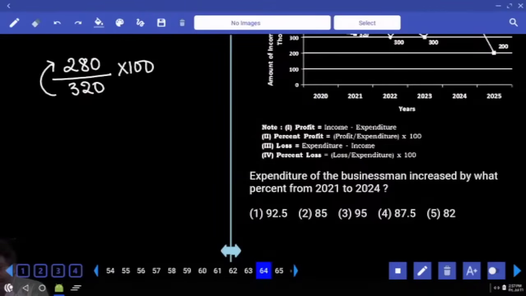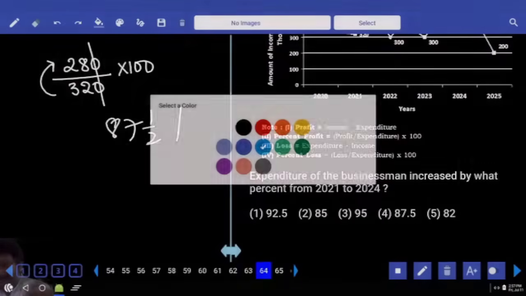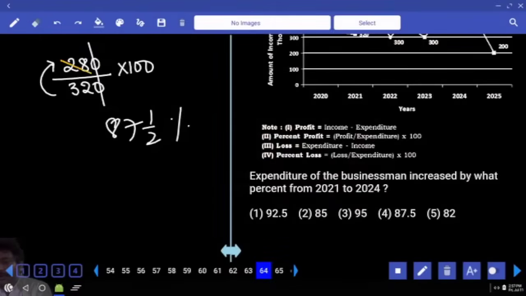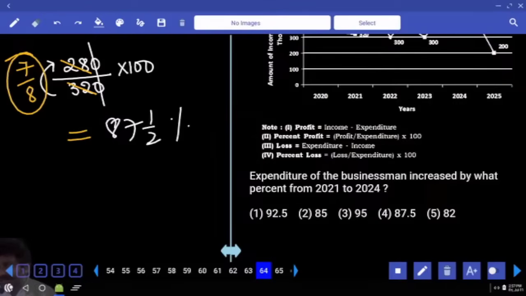You need to get 40 using the denominator only. How do you get 40 using 320? By 8, 100 by 8 meaning 12.5%. If the numerator is 12.5% less, the answer is 87.5%. Or otherwise, 0 can be cancelled: 4, 7 times, 4, 8 times, 7 by 8 meaning 87.5%.